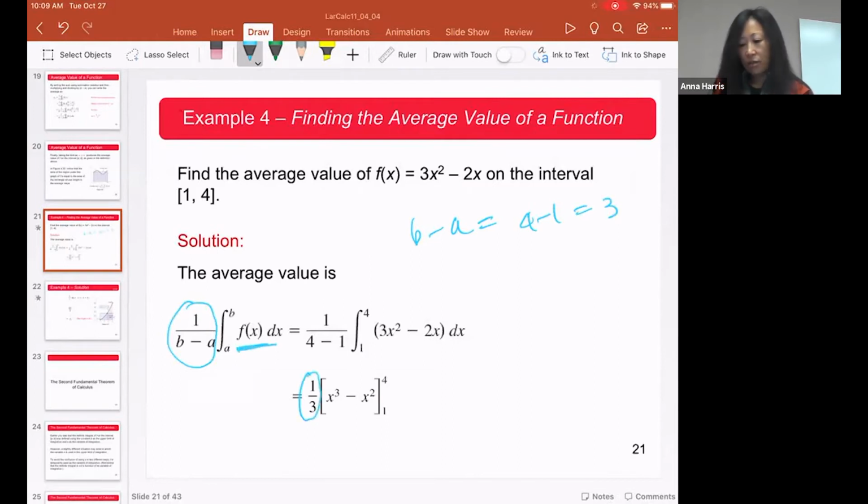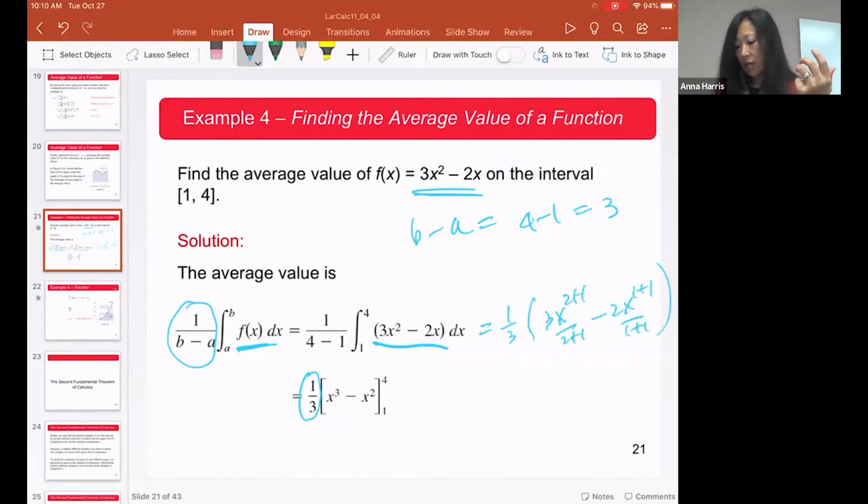And f of x is 3x squared minus 2x, which gives me 1/3 times the integral. Okay, let's do that. So that gives me 1/3, and then I'm going to have 3x squared, 2 plus 1 divided by 2 plus 1, minus 2x, 1 plus 1 divided by 1 plus 1.